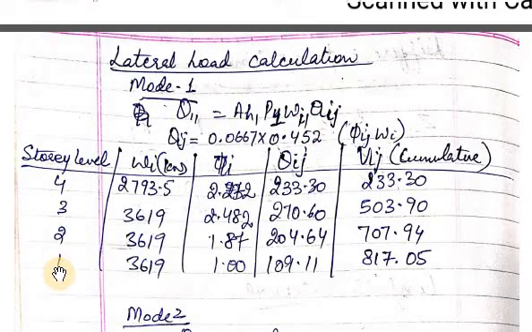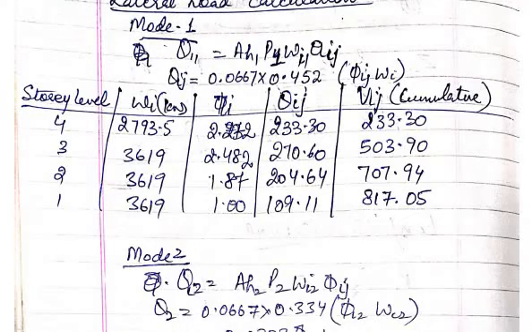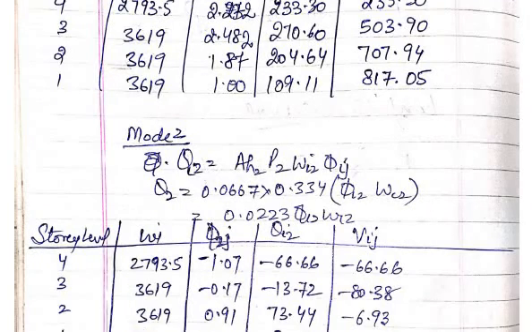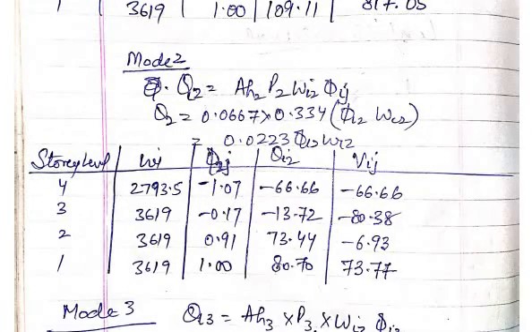Then you will write in this way: story level 1 to 4, value of Wi, this, and you will calculate these values. Again, for mode 2, similar steps we will do to calculate these values.